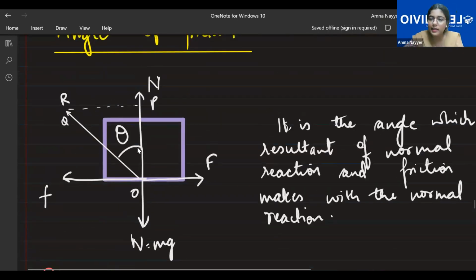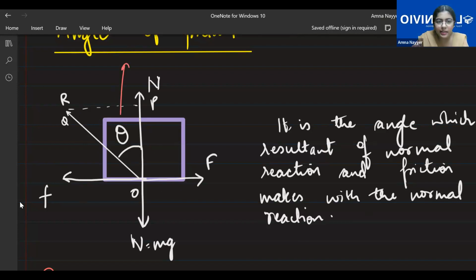This is your theta over here. So it's written, it is the angle which the resultant of the normal reaction and friction makes with the normal reaction. So this is your angle of friction, theta.